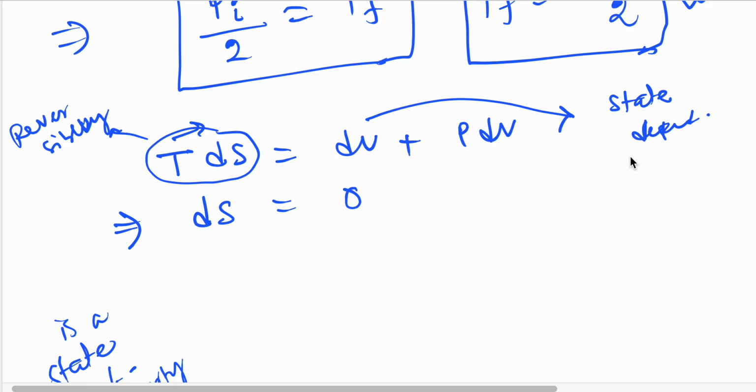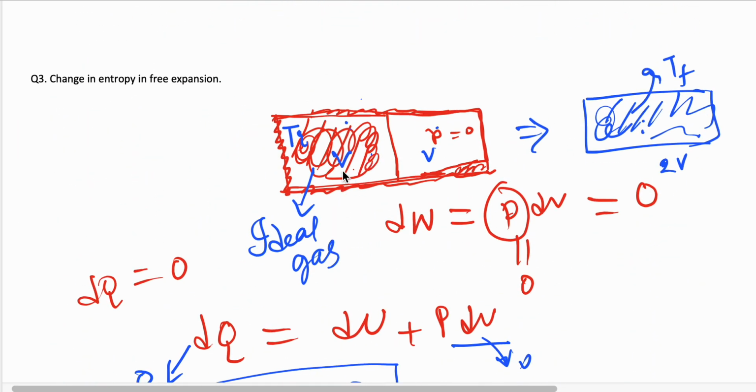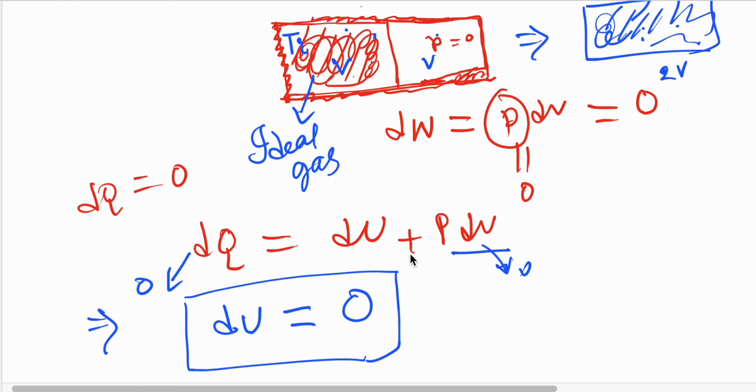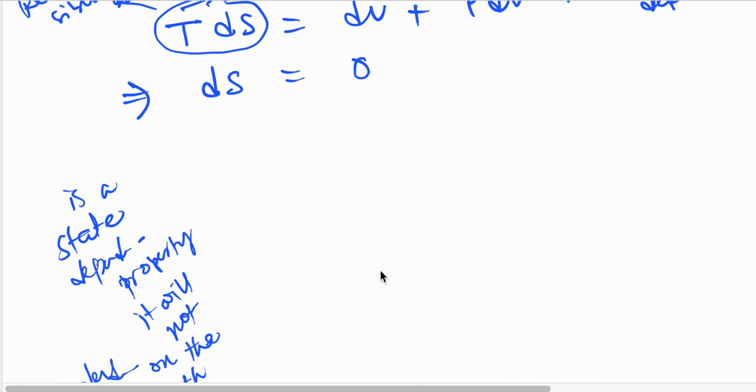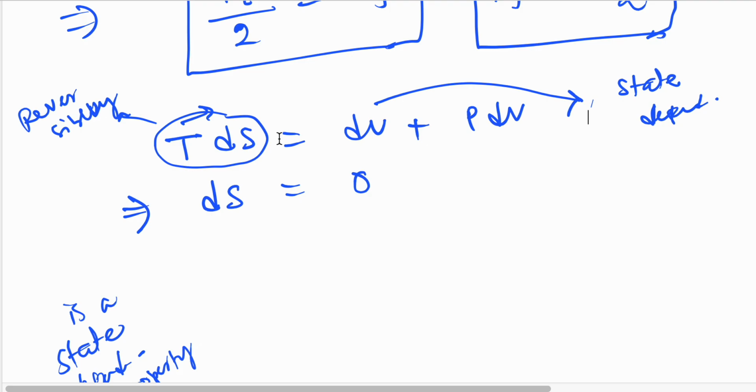We know from this state to this state the change in internal energy is 0. So when we take the system in a reversible way, there also dU will be 0, so TdS equals P dV, I take T here, so dS equals P by T dV.